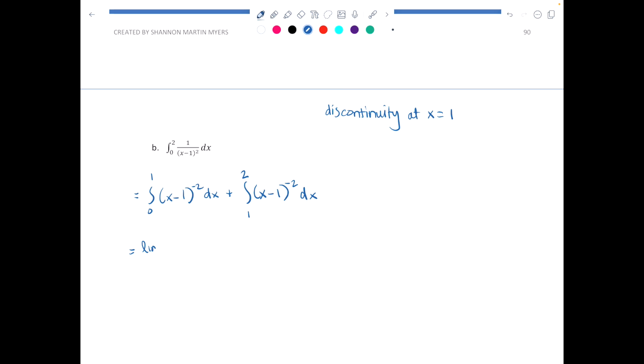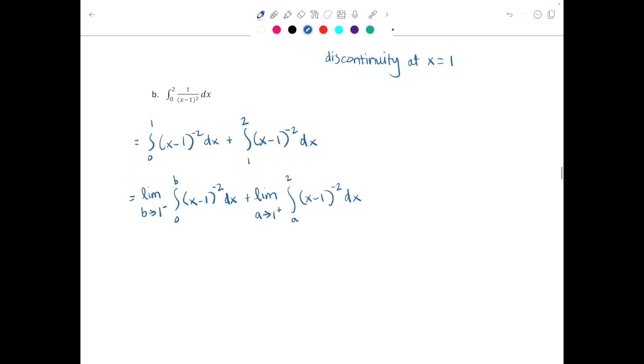This will be the limit as b approaches 1 from the left of the integral from 0 to b of x minus 1 to the negative 2 dx, can't forget that, plus the limit, now a will be on the right side, so a will be approaching 1 from the right side, and we'll be going from a to 2 of x minus 1 to the negative 2 dx. Good so far? Excellent.